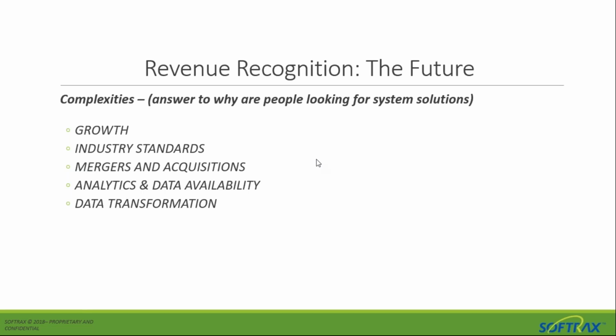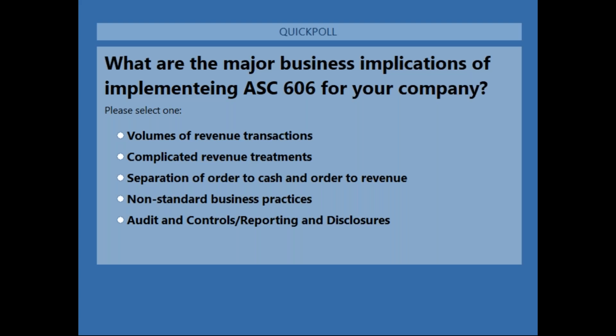Okay, so then let's launch our last and final polling question before we wrap it up here. So what are the major business implications of implementing ASC 606 for your company? We really want to better understand, companies believe that automation and controls is going to be the future.